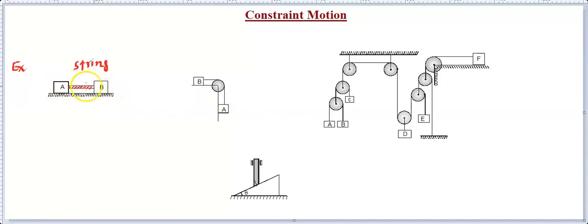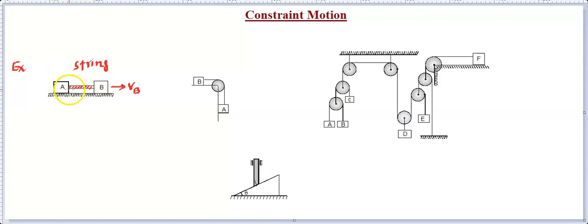So let's say A and B, two particles, are connected with this string, and let's say you are moving this particle B like this. You are giving a velocity to this particle B, like VB. When you give the velocity to particle B, we know from our practical experience that if you start moving particle B, it will affect particle A as well.